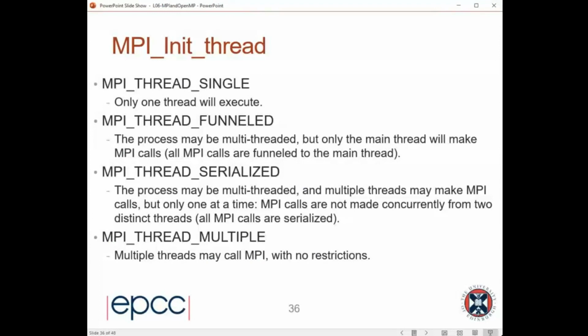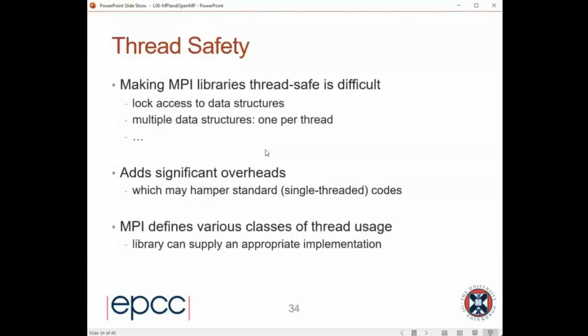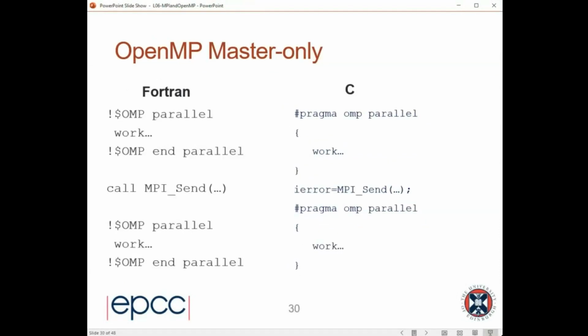In my experience, if you're going to do the master-only model, then you don't actually even need a thread-safe library. To be honest, I'm a bit naughty. When I write master-only codes, I just use MPI init. I don't use MPI init thread.